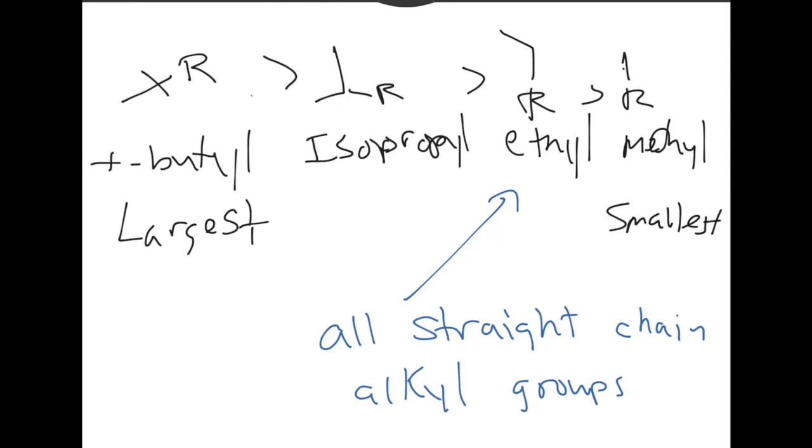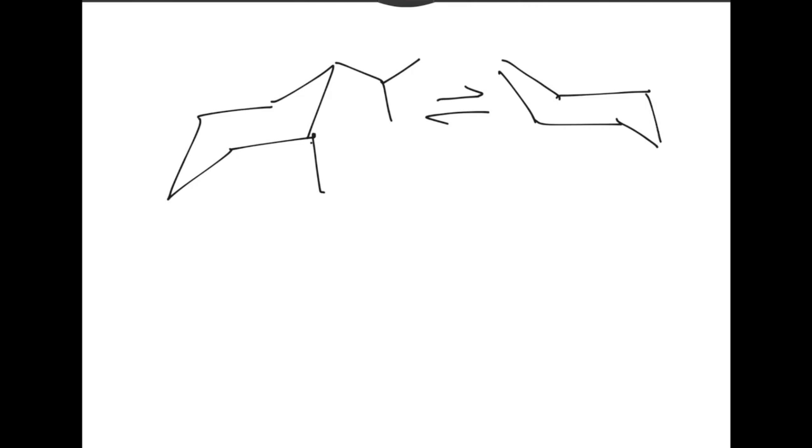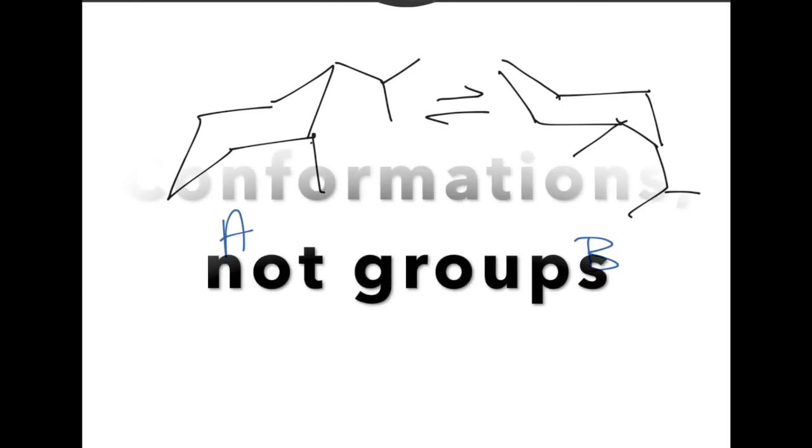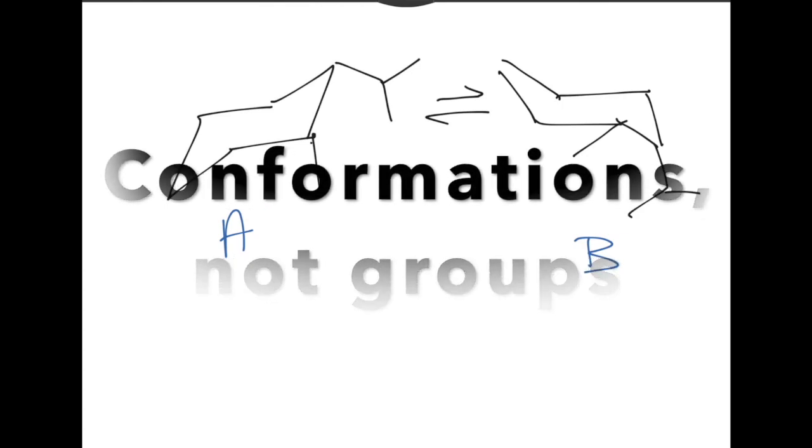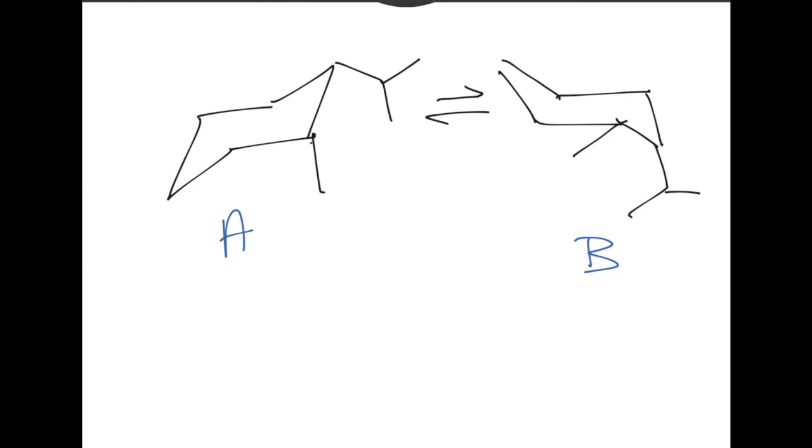Okay. So even if you don't have any sense of what's going on, you can look at a cyclohexane, you can look at a chair. Which one of these two groups is favored? Basically I'm asking which is bigger, isopropyl or methyl?